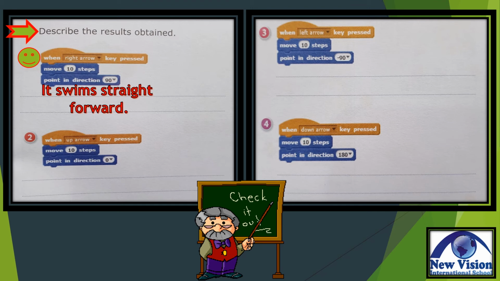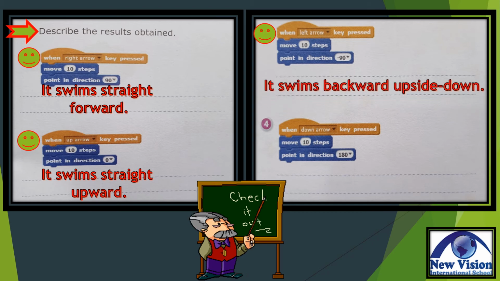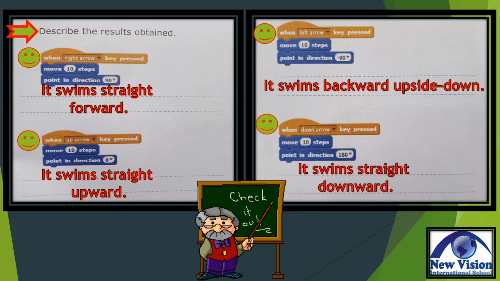For number 2, what is the result? It swims straight upward. For number 3, the result is it swims backward, upside down. And finally, for number 4, the result is it swims straight downward.